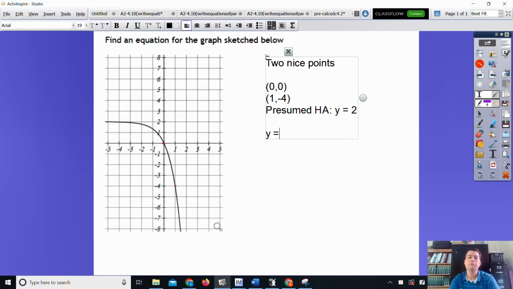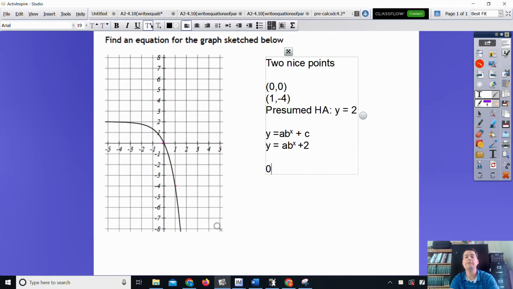So we're using our form: y equals a b to the x, add a constant. We know the constant is what? 2. Now, can you plug in both points at once? No, it's got to be one then the other. I would plug in 0, 0 first.